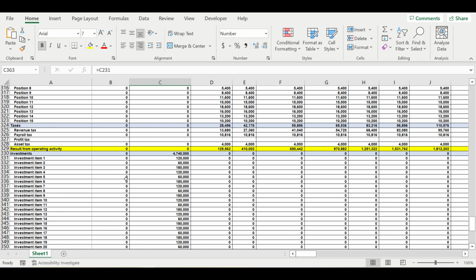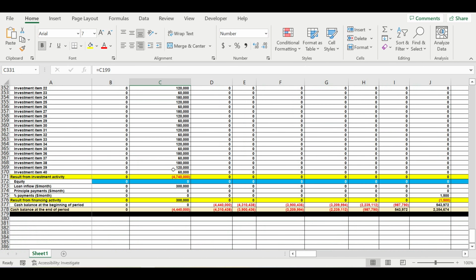So this will be a good start for you to understand your business idea more clearly. Maybe you will have to rethink some inputs. So this is how you could build your first cash flow statement.